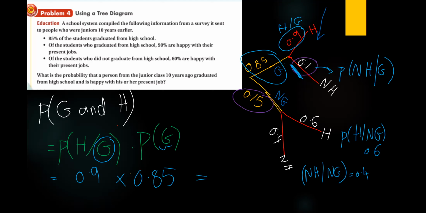After you multiply them, you will get 0.765 or 76.5%. Is it clear? Yes. Thank you.